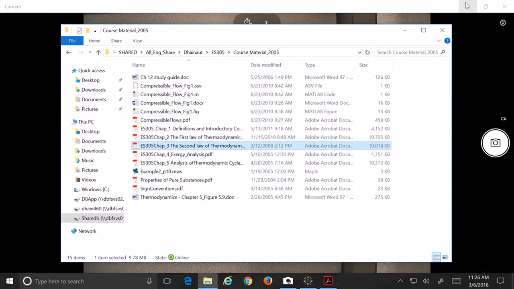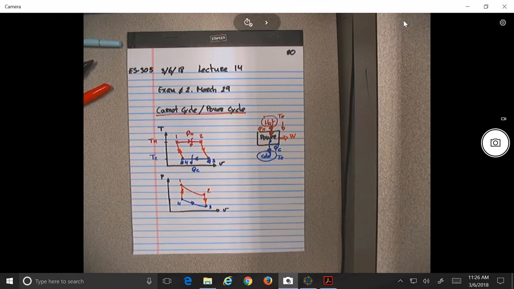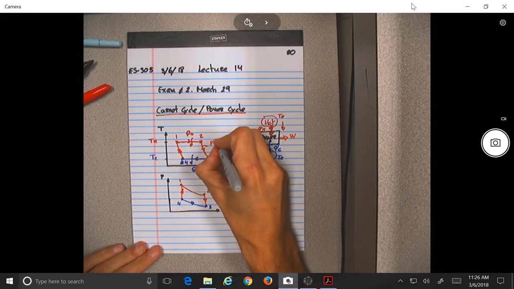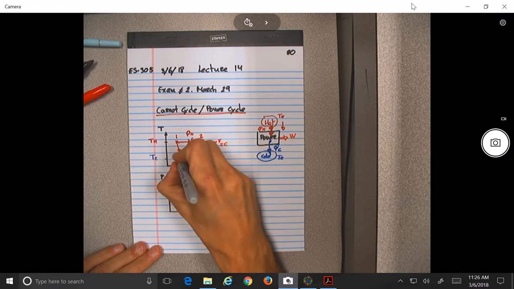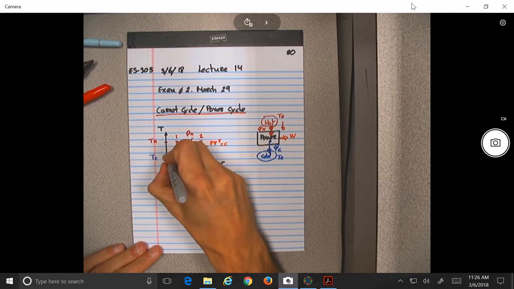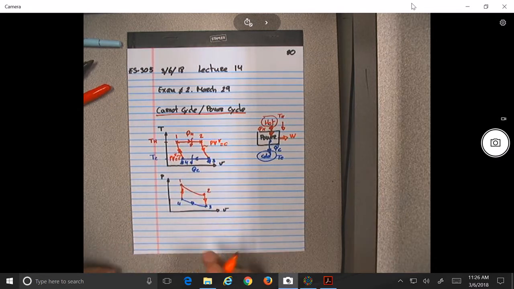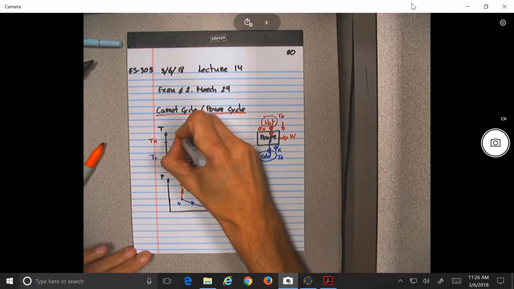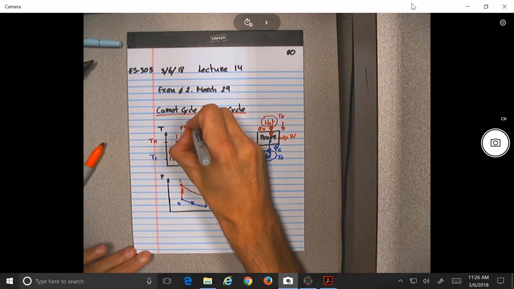So basically, let's go back to this one over here. Let's say this line over here, we're going to have PV to the gamma equal to a constant. This one is going to be also PV to the gamma equal to a constant. And these ones over here are going to be PV equal to constant.